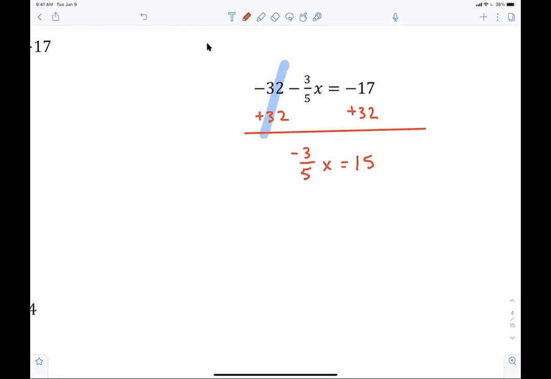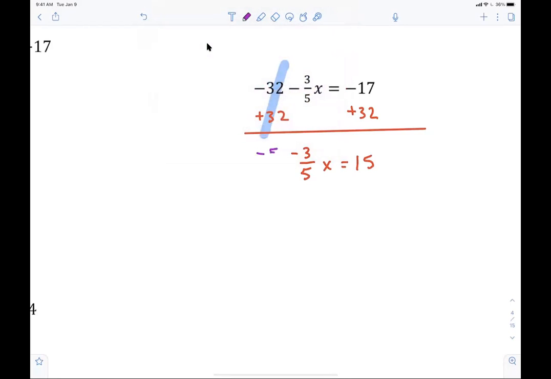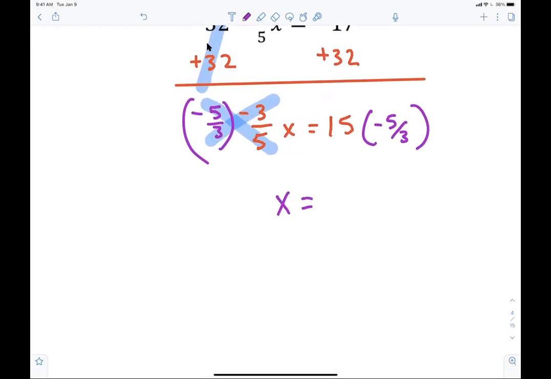And now we're undoing a fraction, so we have to do what? Multiply by the reciprocal again, which is -5/3. Now again, you should cross these things out. x equals, now over here, 15/1. I'm going to write this fraction a little better.